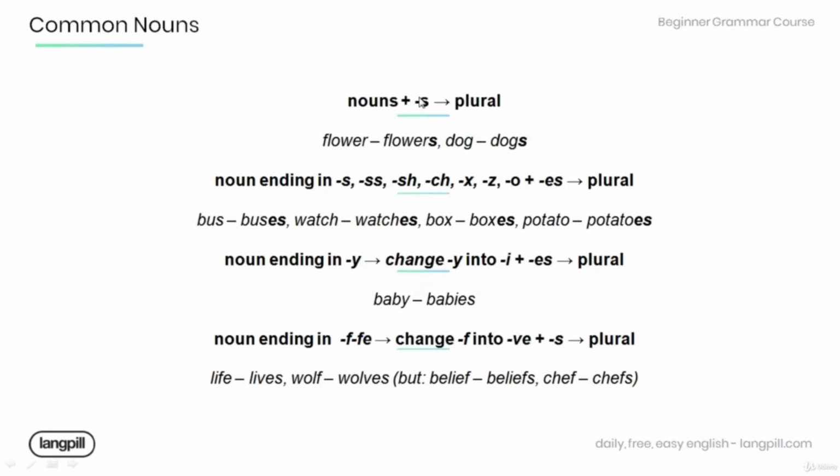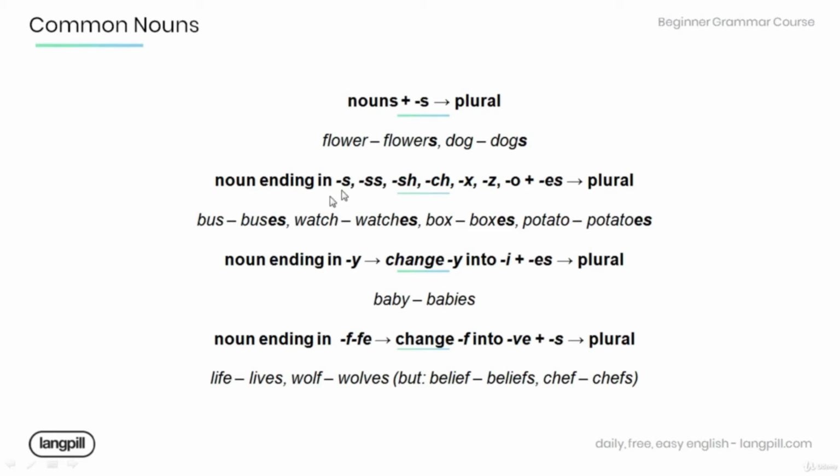Now, when we add s to a noun, it becomes more than one, or plural. For example, flower, flowers, dog, dogs.